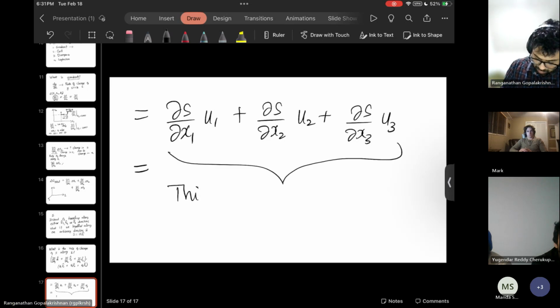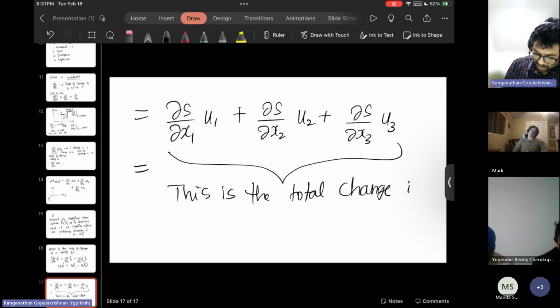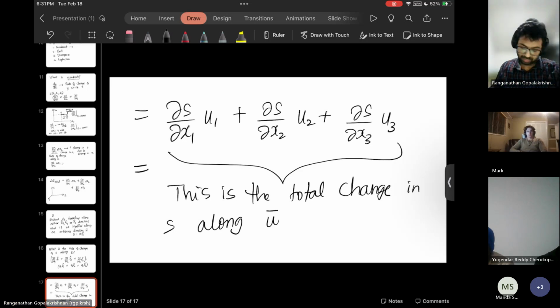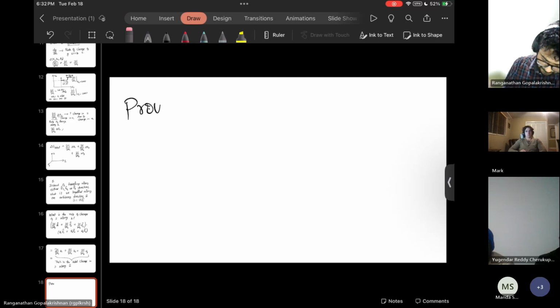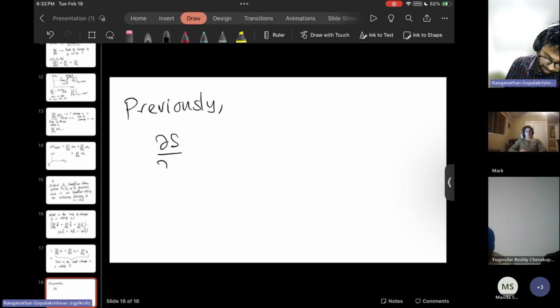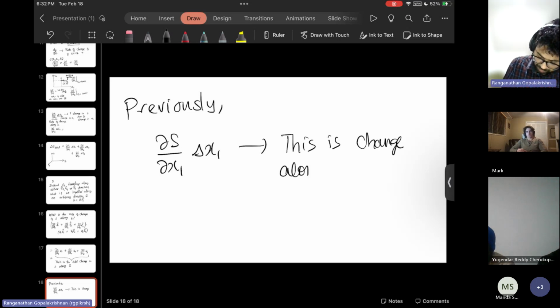This is the total change in S along the direction U. So previously, when we write partial S over partial x1 multiplied by delta x1, this is the change along the x1 direction, or I would say E1 direction.